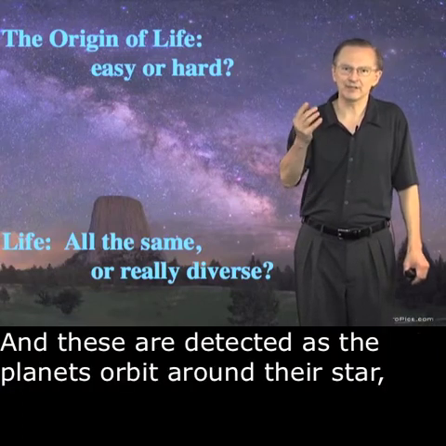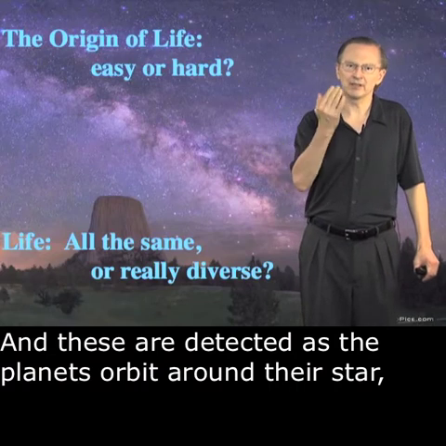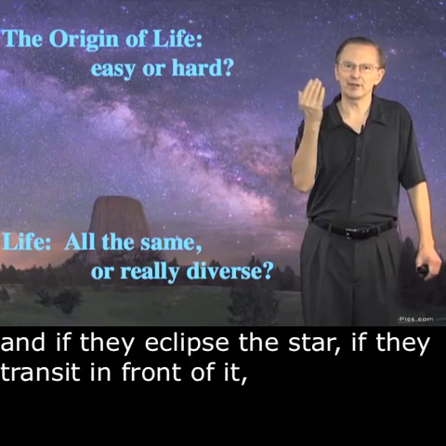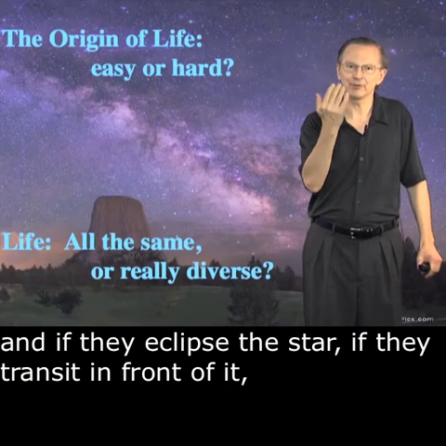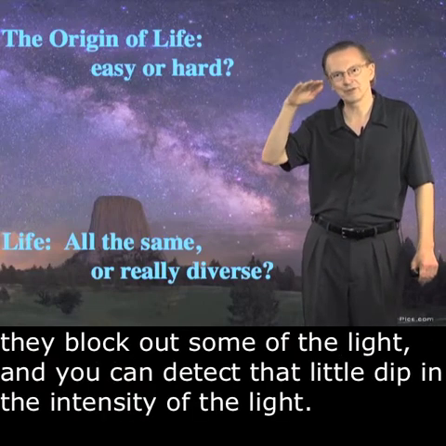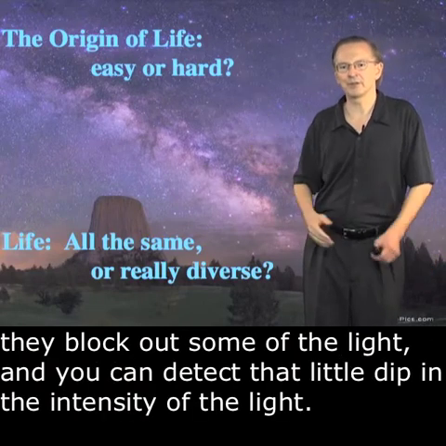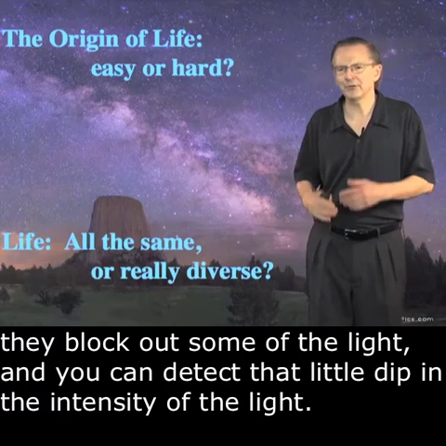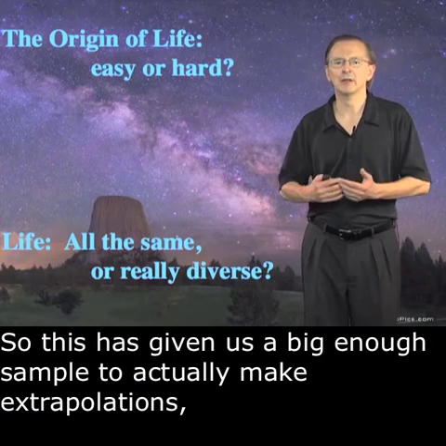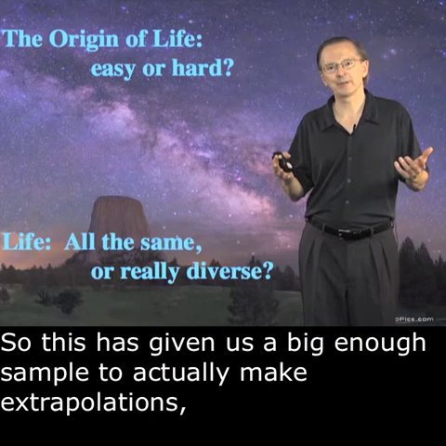And these are detected as the planets orbit around their star, and if they eclipse the star, if they transit in front of it, they block out some of the light, and you can detect that little dip in the intensity of the light.